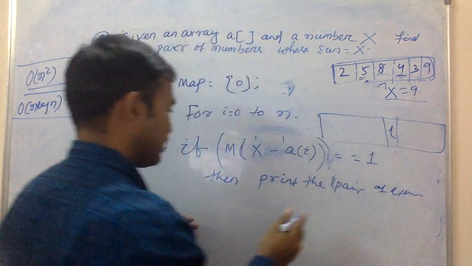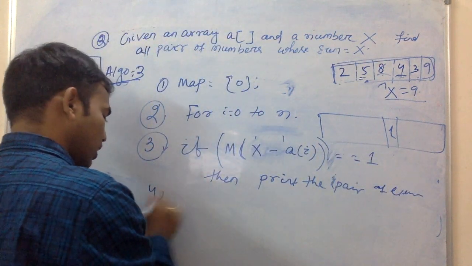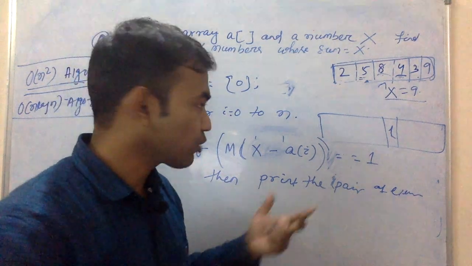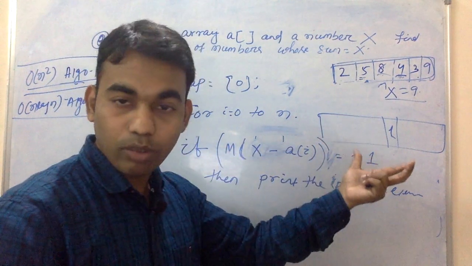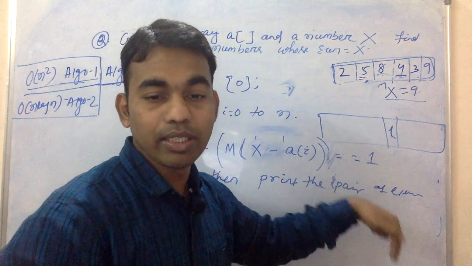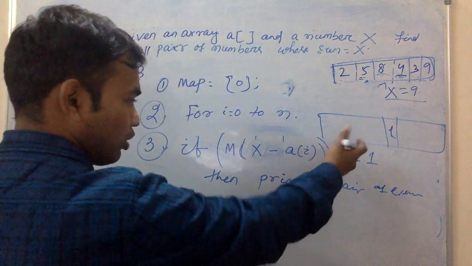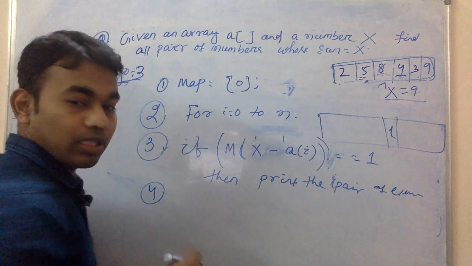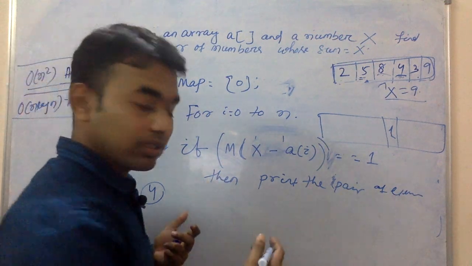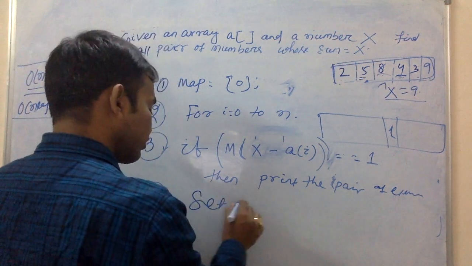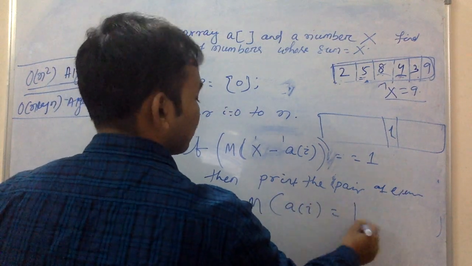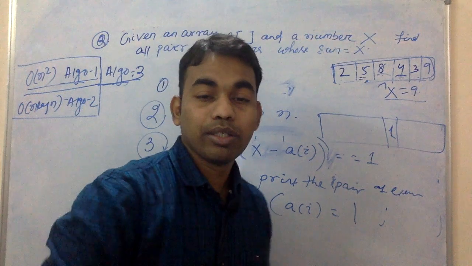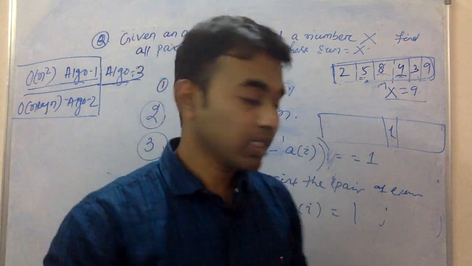Else, if we are not finding that companion, we are just inserting that particular element into the map. So else, set m of a of i equal to 1.